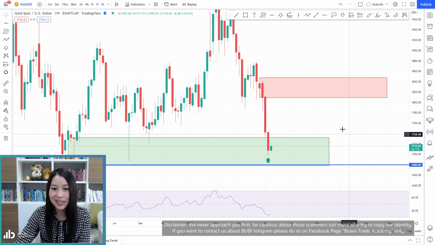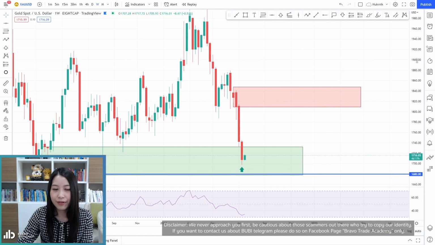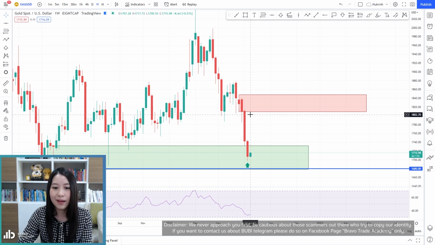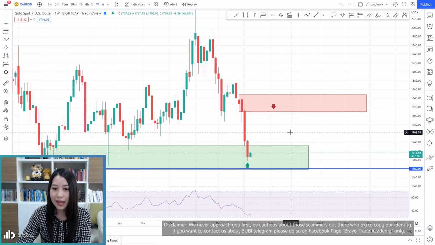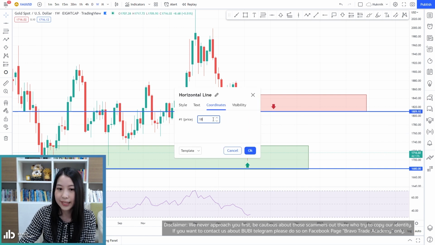What about the resistance? In this time frame, a very beautiful plan would be selling somewhere in this supply zone. We do have resistance here as well, roughly around 1810.